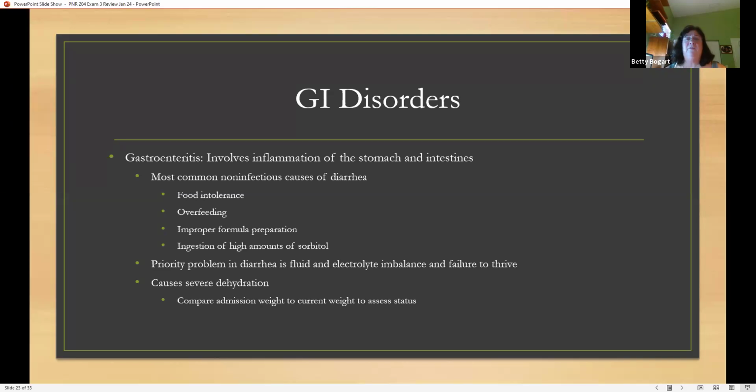One of the things with GI, I told you, is the vomiting and diarrhea. And there are reasons why. You could have diarrhea because you ate something and your tummy didn't like it, and that's a food intolerance. I know if I eat bananas or corn, I'm going to be in trouble. It's just something I've learned with me.